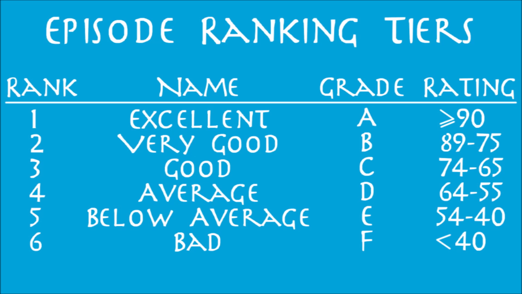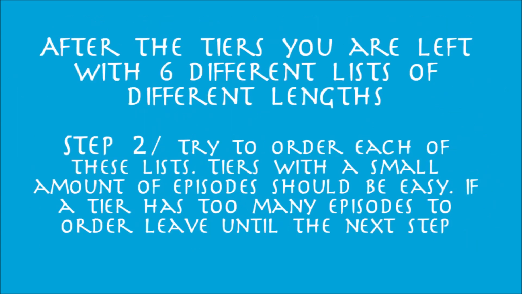So step 2 is basically that once you've gone through the list and put them into tiers, you'll be left with 6 separate lists, but they have an order to them. So you have groups of episodes above other groups of episodes and so on. Obviously at this point you would finalize whether any episode needs to drop out of a specific tier, go up a tier, and stuff like that. Those are the decisions you're making at this point.